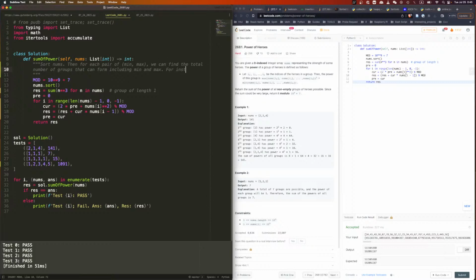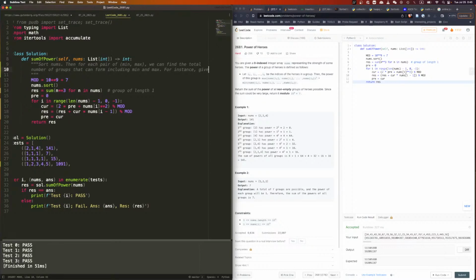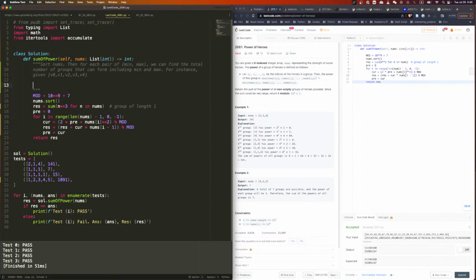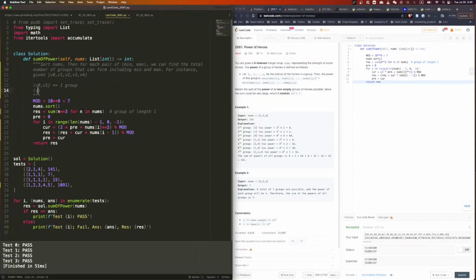For instance, given v0, v1, v2, v3, v4, right? v0, v1 have one group. v0, v2 has 2 to the 1 equal to 2 groups. Right, 2 to the 0.